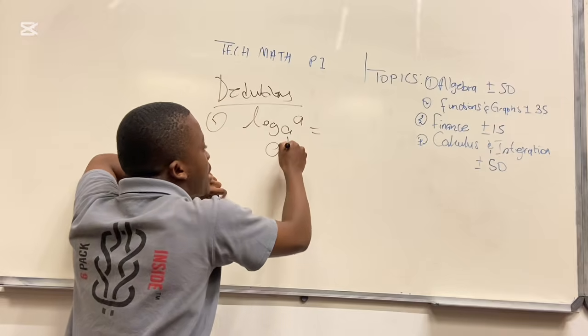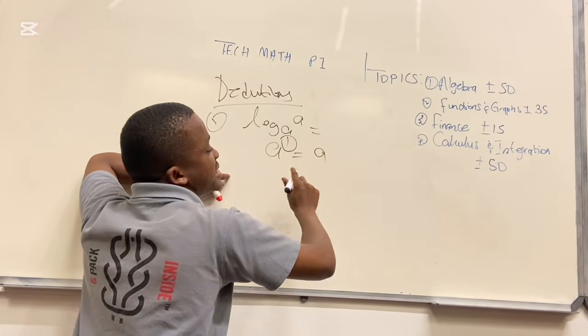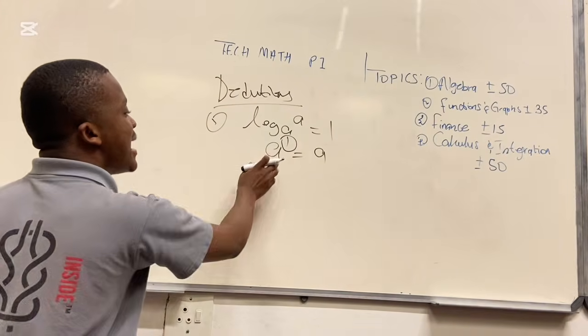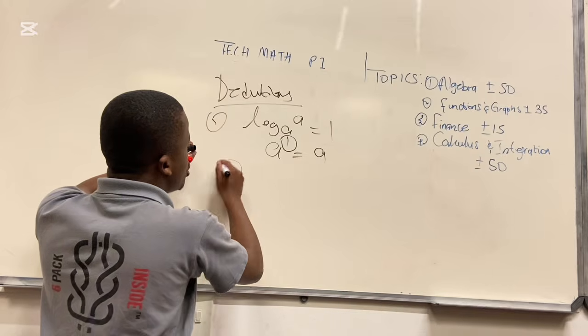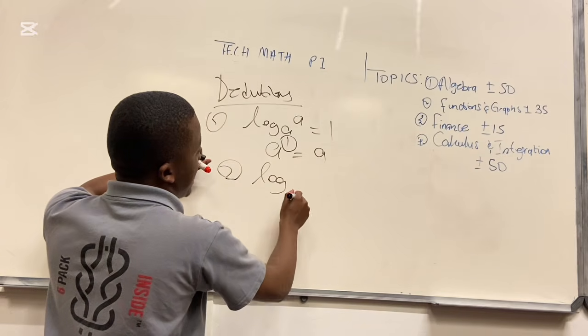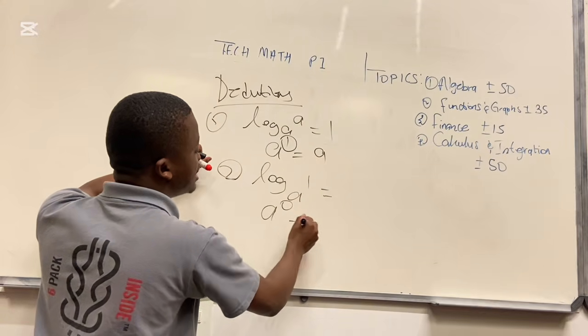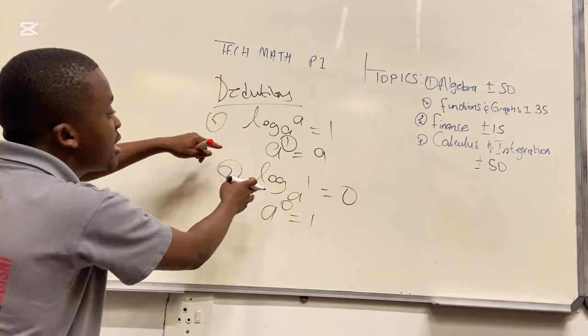A to the power of 1 is equal to A, and this exponent is our answer, our result, which is 1. The second one: we have log base A of 1. A to the power of 0 is 1 according to the exponent laws, so the answer is 0. It's very, very important.